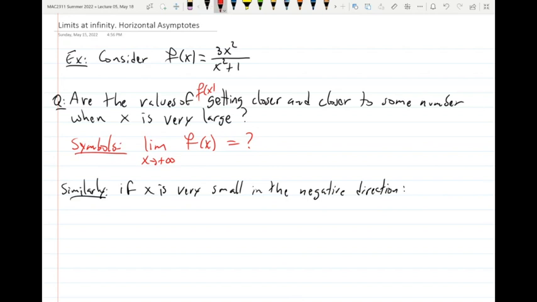So in symbols, this question will be asked like this. Okay? This is what we call the end behavior of the function. These two questions, this is called the end behavior.